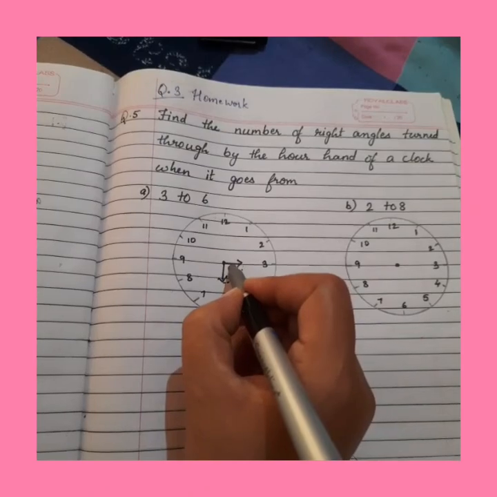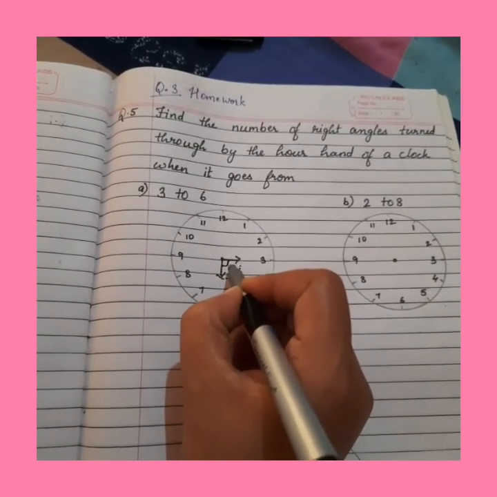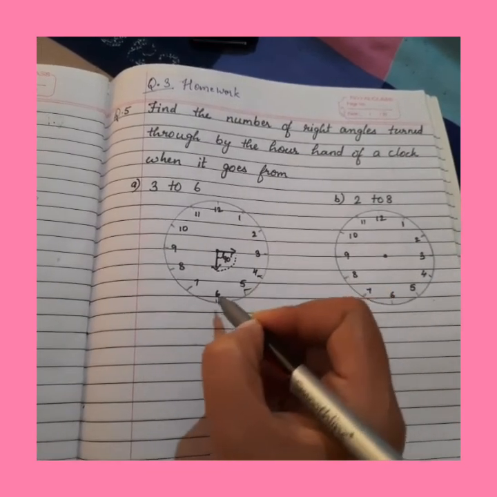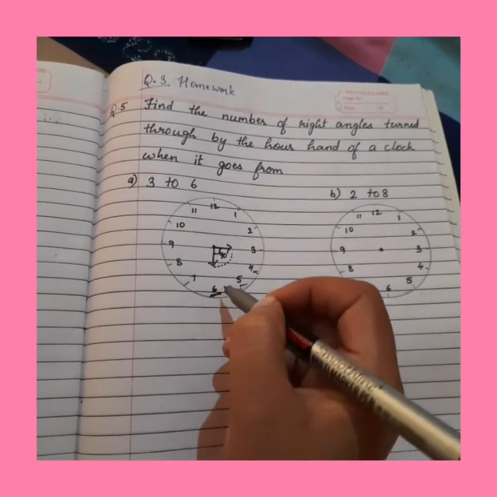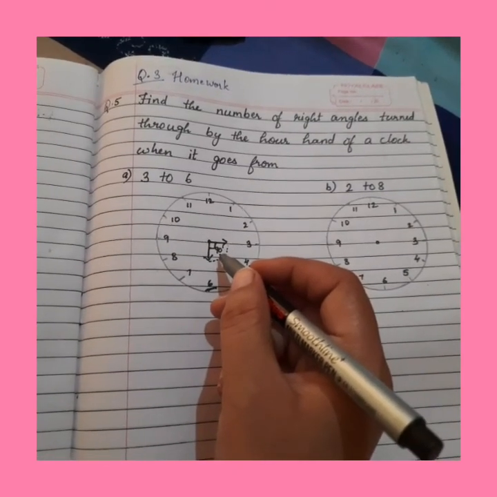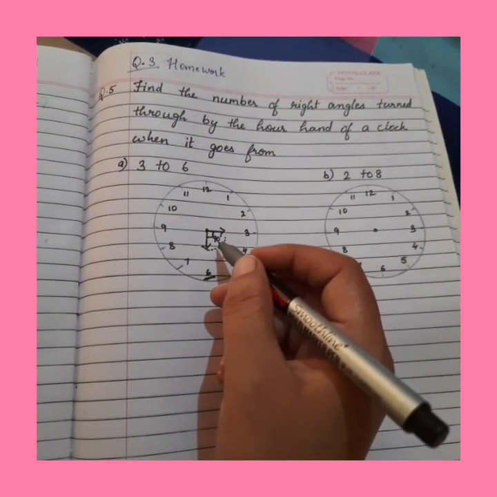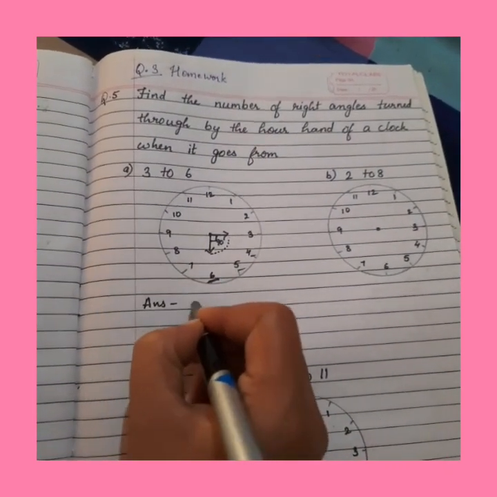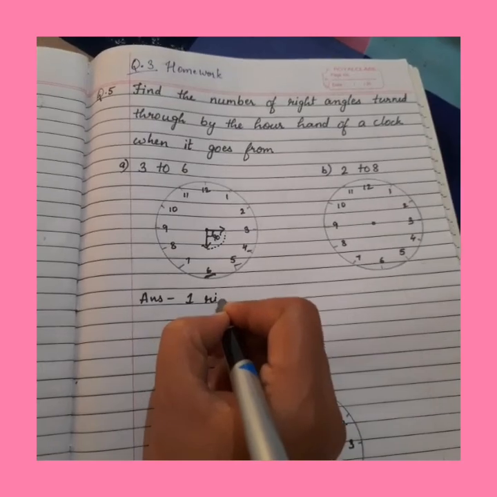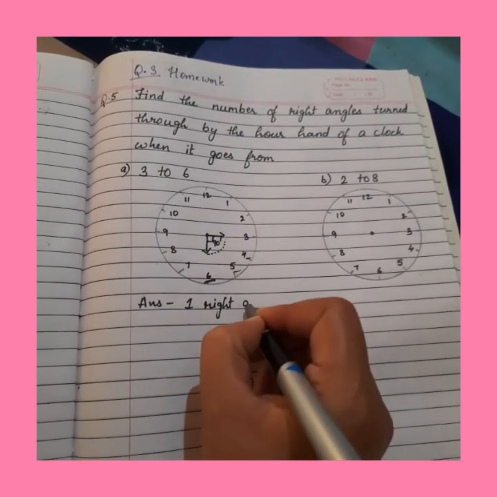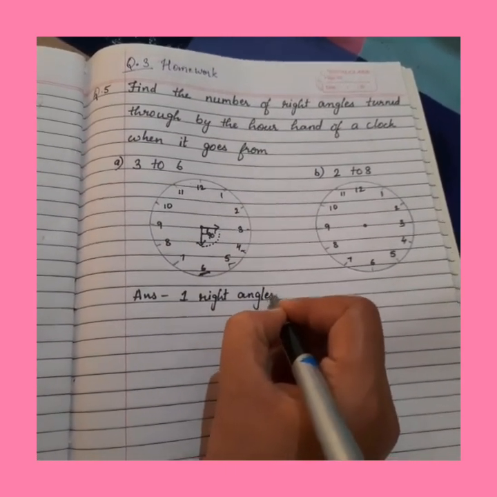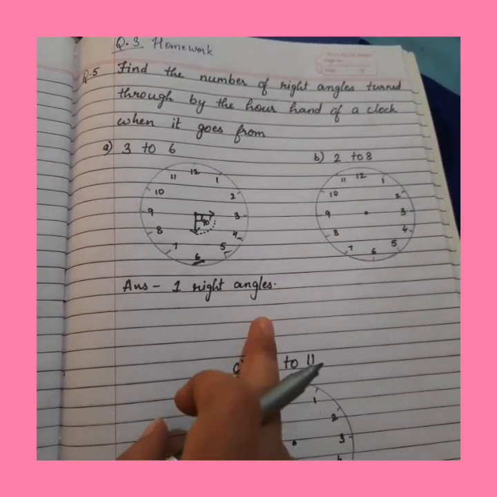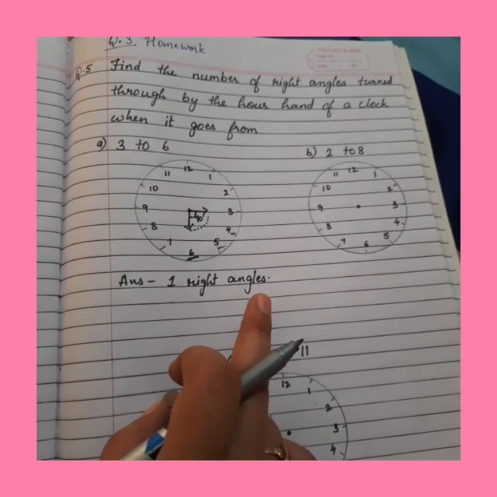So it is making an angle of 90 degrees because it is crossing 2 points, 4 and 5, and reaching the third part. So how many right angles is it making? One right angle. So in the answer you will write one right angle. What I have drawn here in question 1, in question 5 you are supposed to draw.